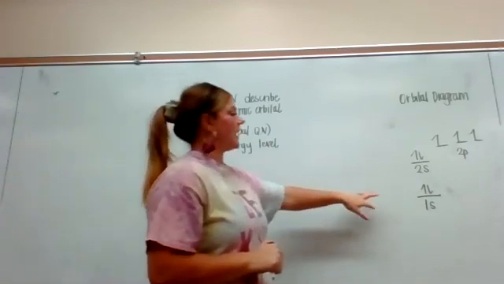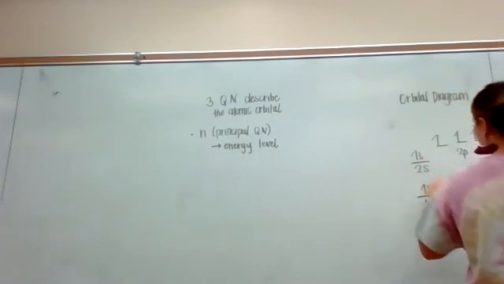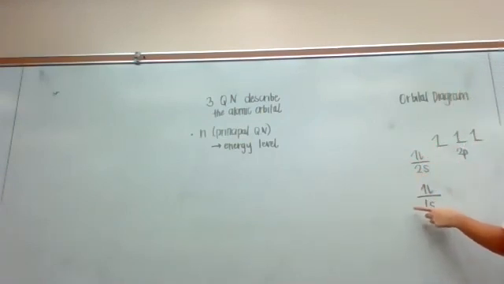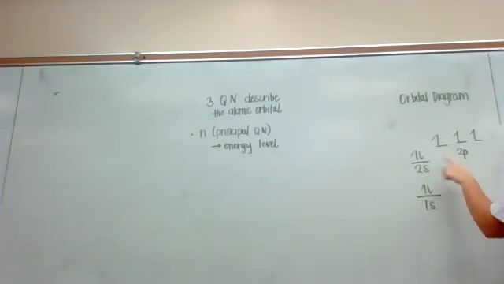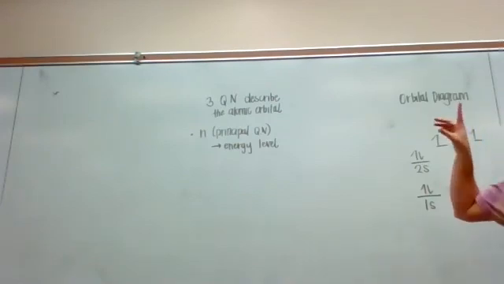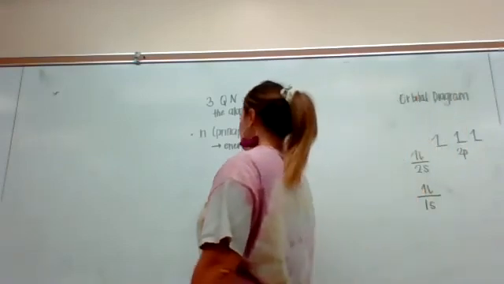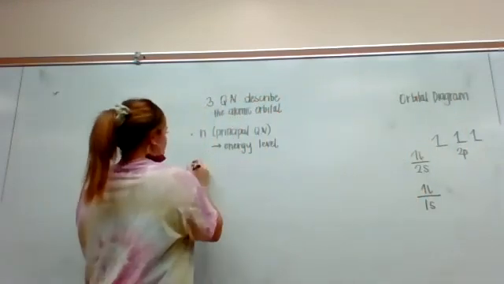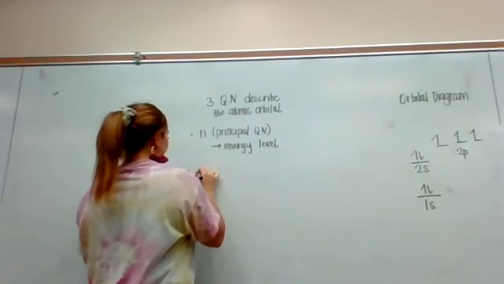So over here, I have them numbered and lettered. So it says 1s, 2s, 2p. This 2 and this 1, that tells me what energy level I'm in. Okay, so this is the first energy level, this is the second energy level. So that's all that the first quantum number does. It tells me the energy level.